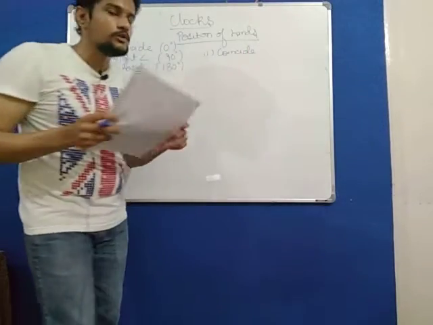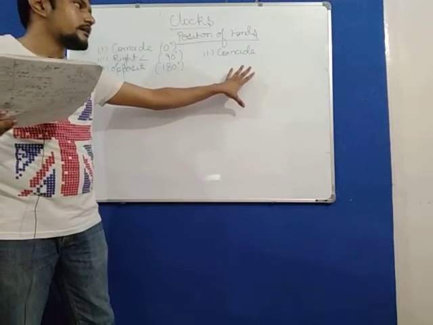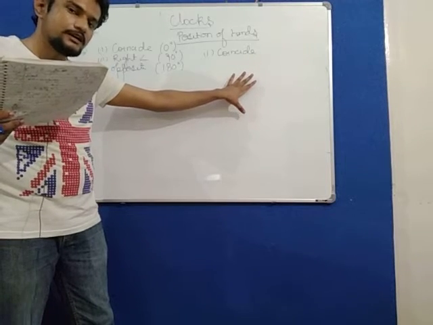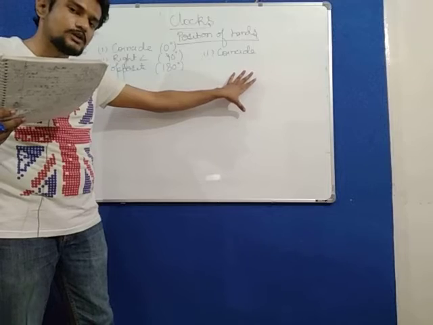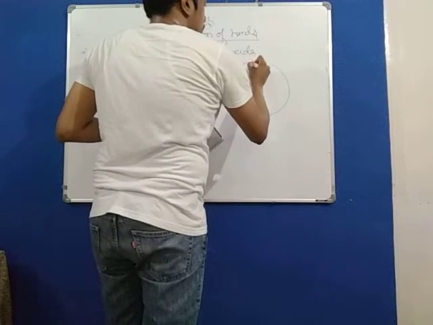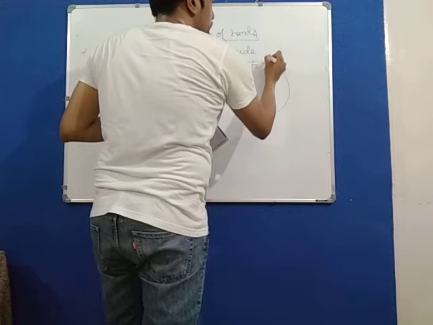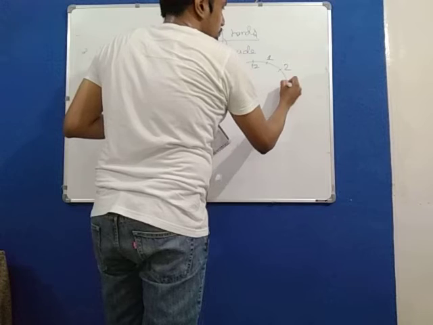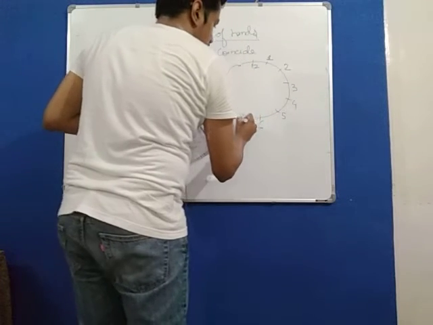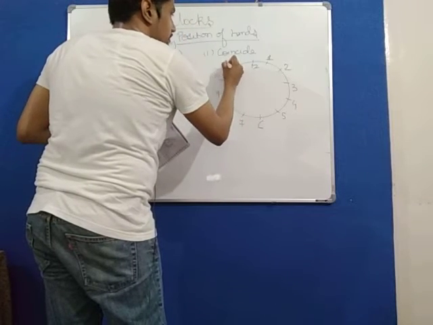So now I am going to draw a clock, and in the clock we will show at what positions and in between which two times, how many times the hour and the minute hand will coincide. 12, 1, 2, 3, 4, 5, 6, 7, 8, 9, 10, 11.